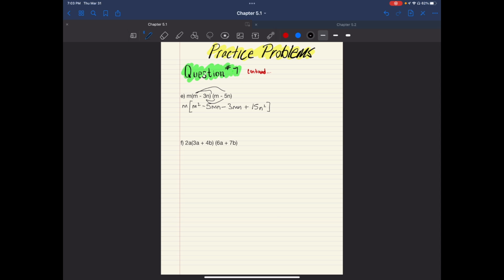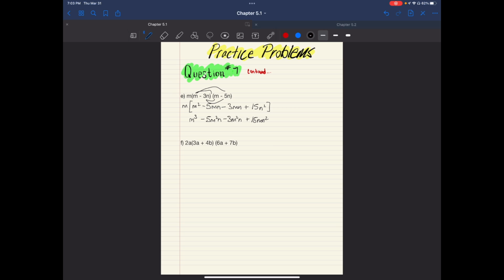Now, this becomes m cubed minus 5m squared n minus 3m squared n plus 15mn squared.